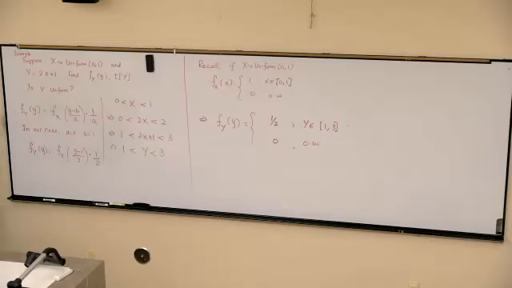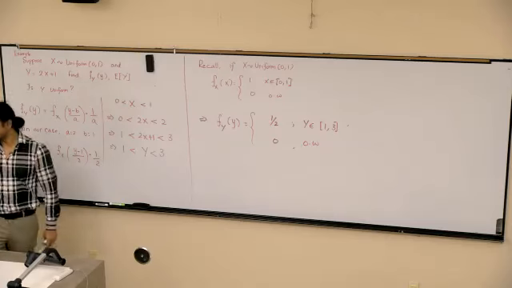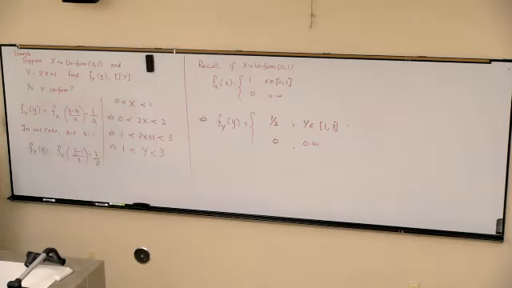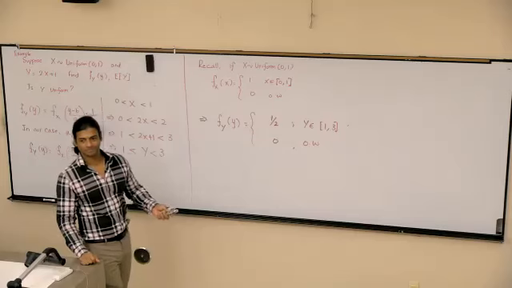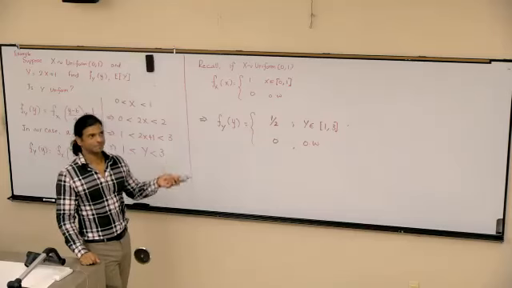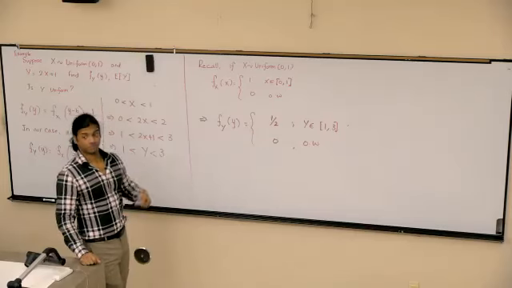How do we find the expectation? Well, what comes to your mind in terms of finding the expectation? Matthias says integral what? The integral from 1 to 3 of the PDF.